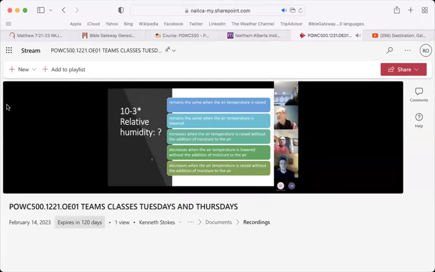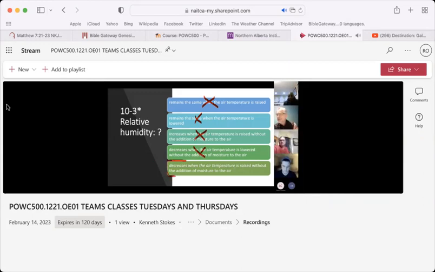One of these is true. Does it remain the same when air temperature is raised? Does it remain the same when air temperature is low? Remember, temperature has a big effect. So this is not true. Increases when air temperature is raised, that's not true. Decreases when air temperature is lower, that's not true.